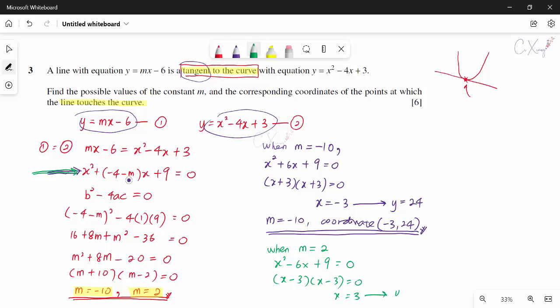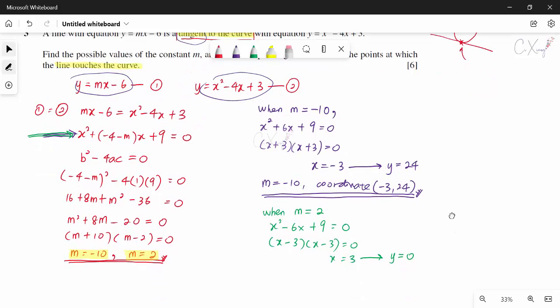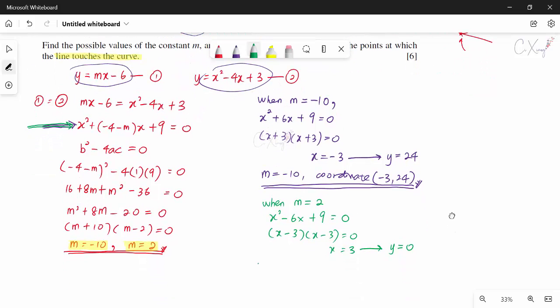Again, substitute it into the equation y. So you'll get the value y equals to 0. Okay, all right. So again, for the second set of the answer, it will be when m equals to 2, the coordinate for the line that intersect with the curve at one point is 3, 0.